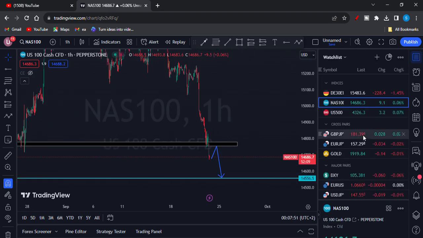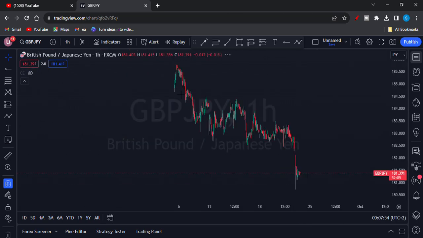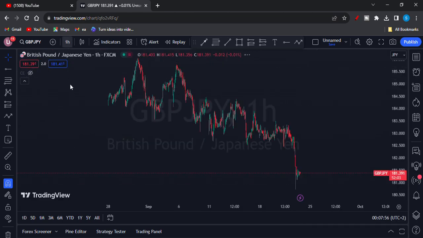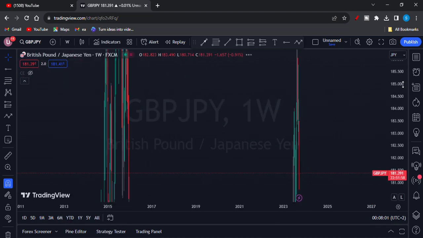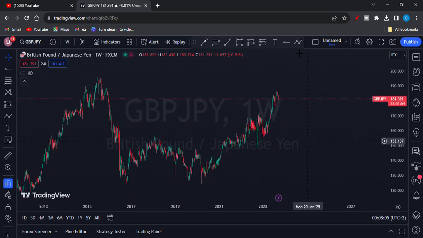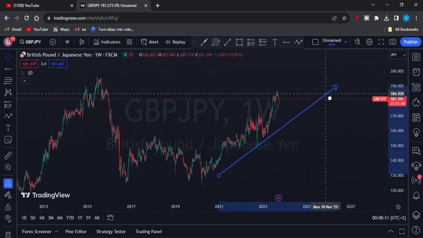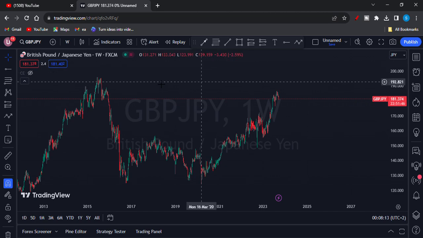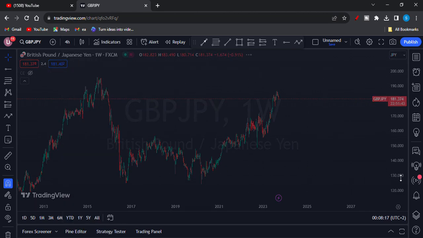And then let's go to GBPJPY, and then on a weekly, our overall trend on the weekly is we are on an uptrend. And then let's go to 4 hour.